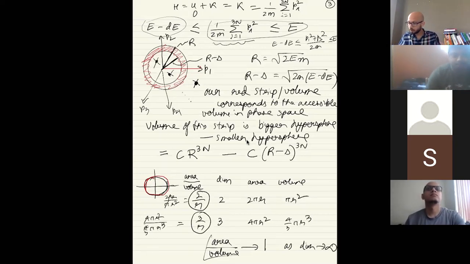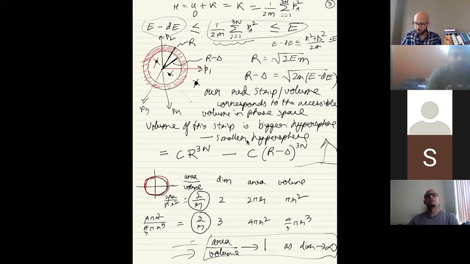And even if you get lost in the math of what I did above here, that's okay. But this is something you should try to remember: in 2D, the area, I mean the circumference, divided by the volume is 2 by r. If you go to 3D, it is 3 by r. You can go and do it for 4 dimensions, and you will see it will be actually closer to 4 by r.